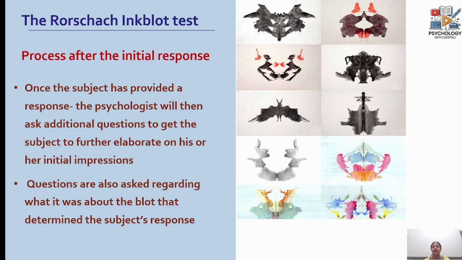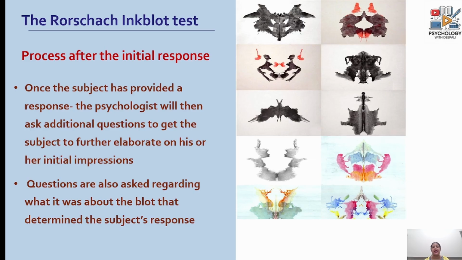As you can see on the screen, you have the 10 blots, that is the 10 cards of the Rorschach Inkblot Test. On each of the cards, you have certain blots which can represent various kinds of objects or images. Let us say take card number 1, and many common and popular responses are that it looks like a bat or it looks like some animal.